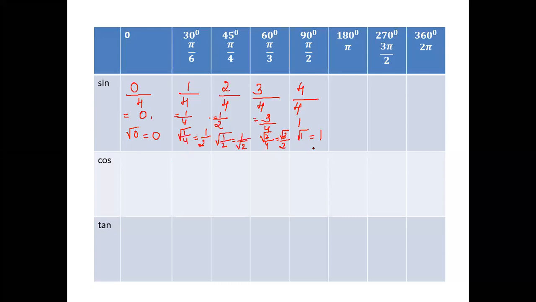Whatever you have written for sine 90 degree, write it for cos 0. So it is 1. And whatever you have written for sine 60 degree, write it for cos 30 degree and continue in the same order. So it will be 1 by root 2, 1 by 2 and 0.